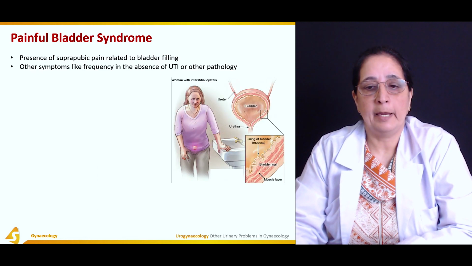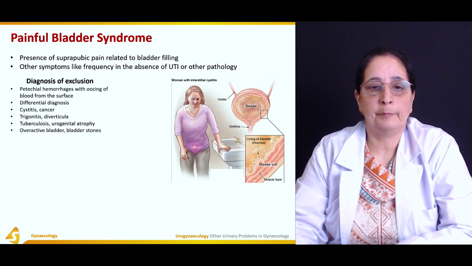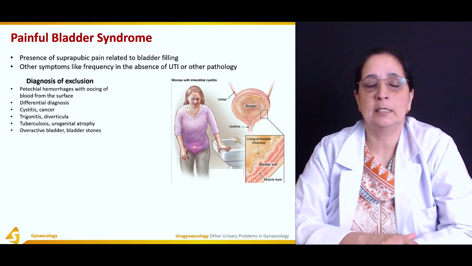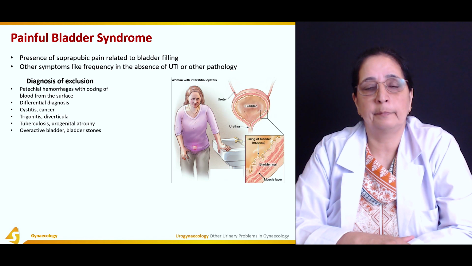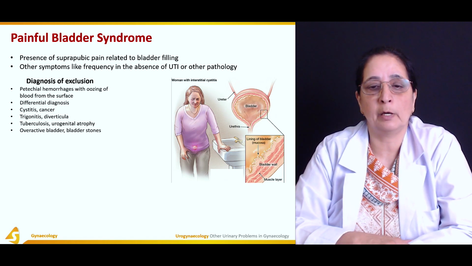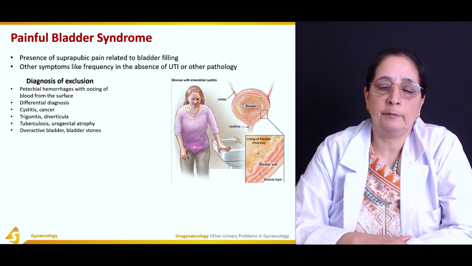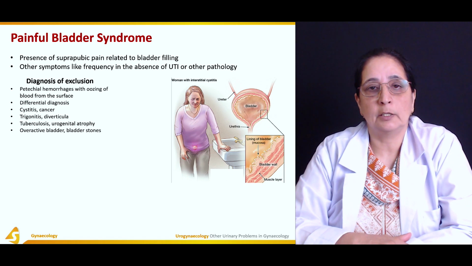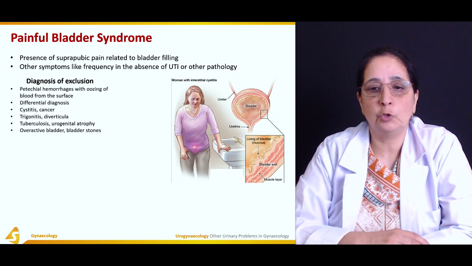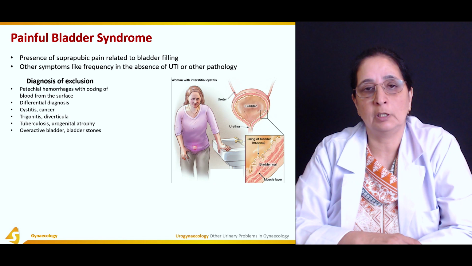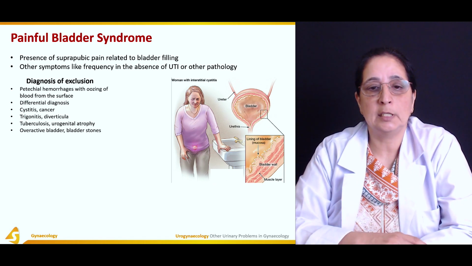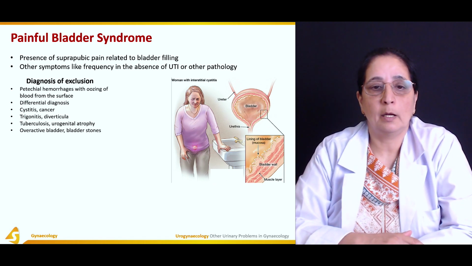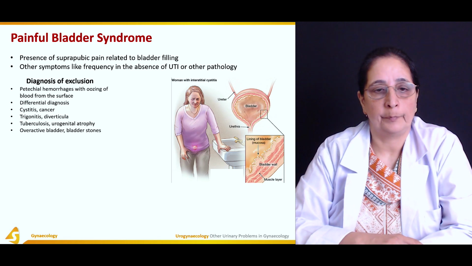Then the painful bladder syndrome. Usually there is a presence of pain in the suprapubic region, which is related to the filling of the bladder. It can be due to urinary tract infection, and other pathologies can also lead to painful bladder syndrome.